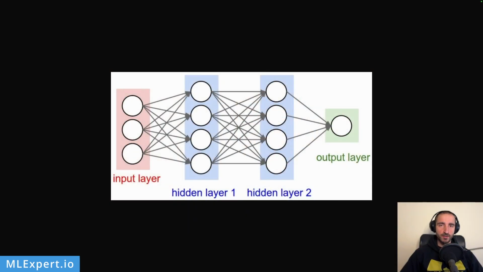Neural networks contain neurons, and those neurons are structured or grouped into layers. In this example of a deep neural network by Stanford University, you can see that we have an input layer with 3 neurons or 3 input features. Then we have 2 hidden layers, each with 4 neurons, and then an output layer which contains just a single neuron.